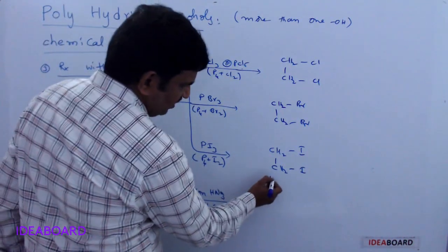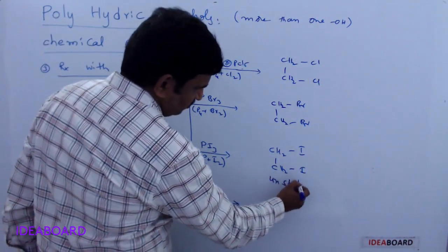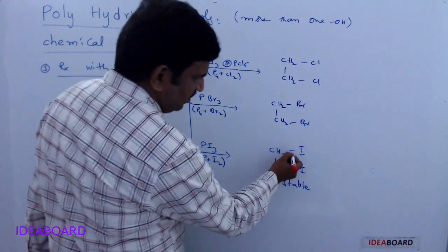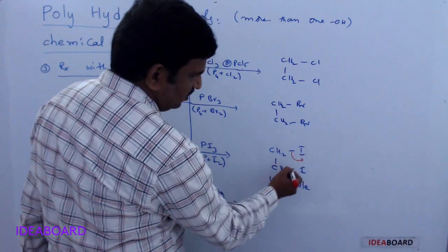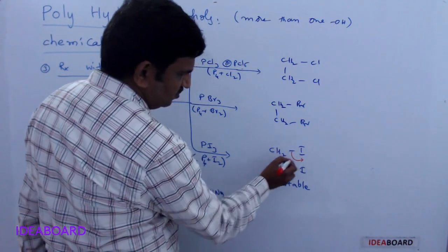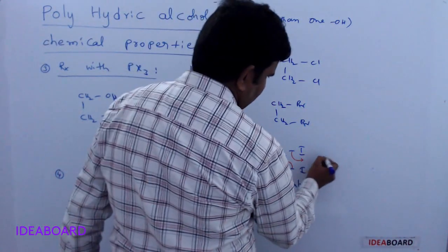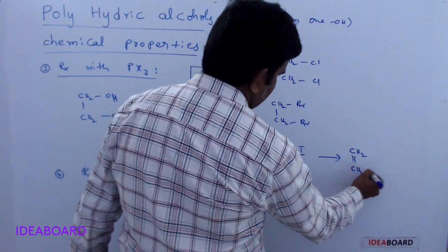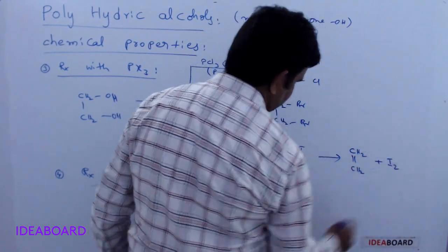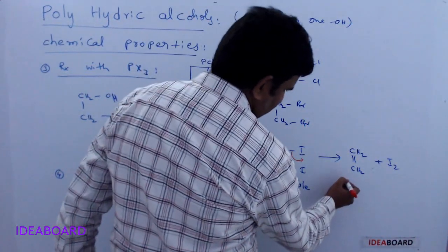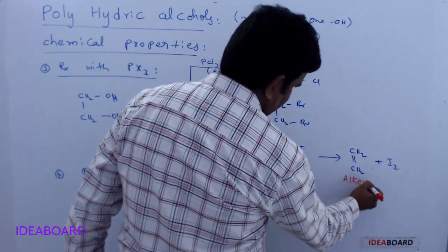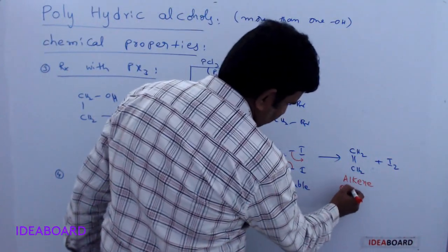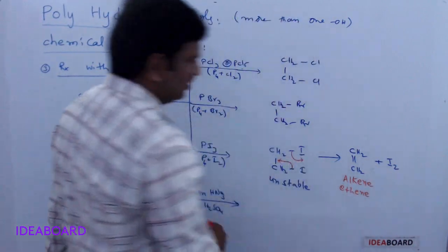But this ethylene diiodide is an unstable compound. Because it is unstable, a pair of electrons shifts onto this carbon, and another pair of electrons shifts onto that one. So we further get CH2=CH2 plus I2. The final product in the reaction is an alkene, ethene or ethylene.